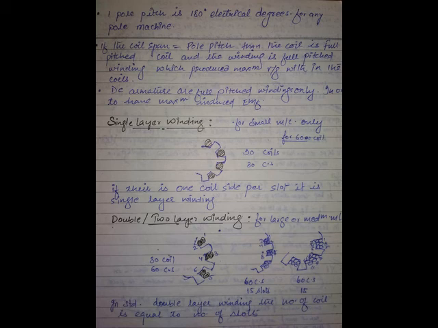If there are two such independent closed sets of windings on the same armature, it is duplex.